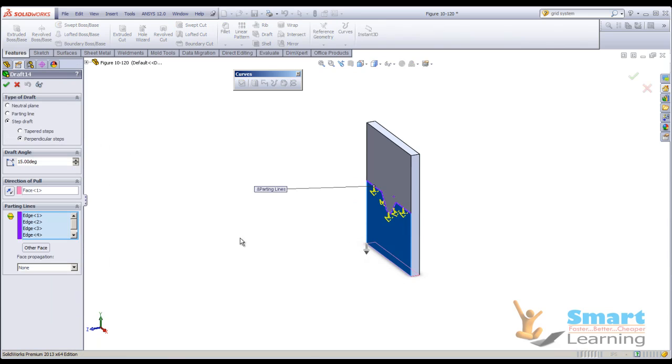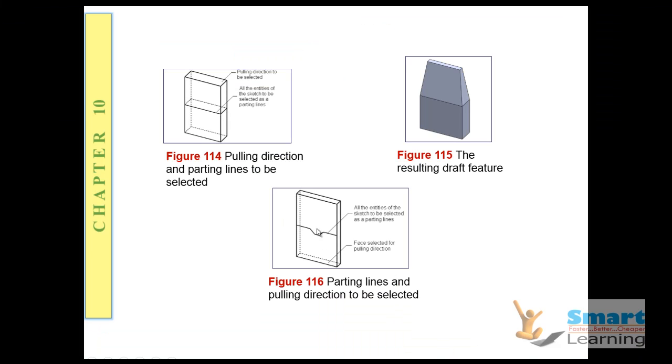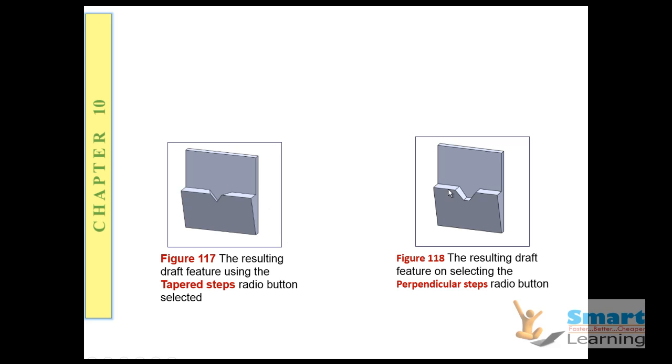If you edit this, you can see the parting lines are this particular line which you can see here. These are all the entities of the sketch to be selected, and the face which you are selecting for the pulling direction is the base, and based on that you will be able to control the tapered steps or perpendicular steps.